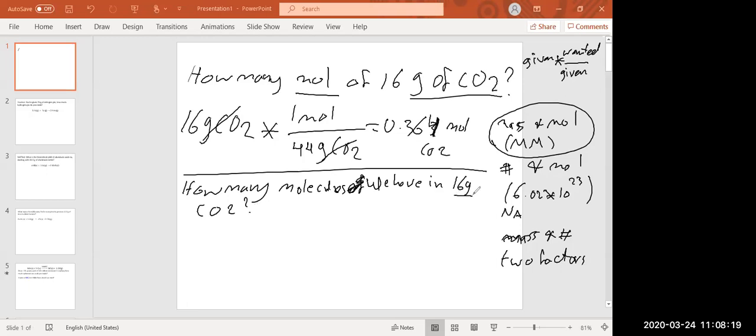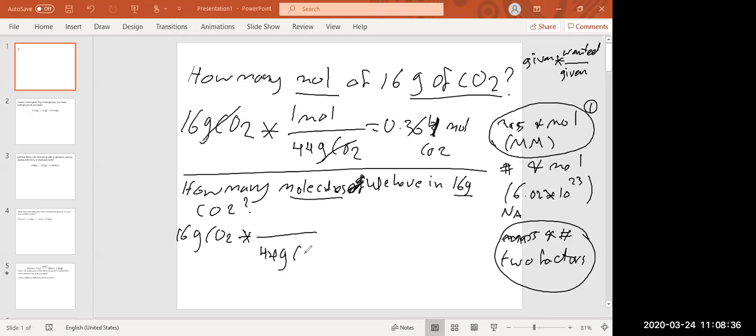We have mass and we have number. When we have mass and number, we will use the two factors. Start with the given information, 16 gram CO2 times the first factor. I will use this one first, for example, and it will be 44 gram CO2, 1 mole CO2. Gram CO2 cancels with gram CO2.